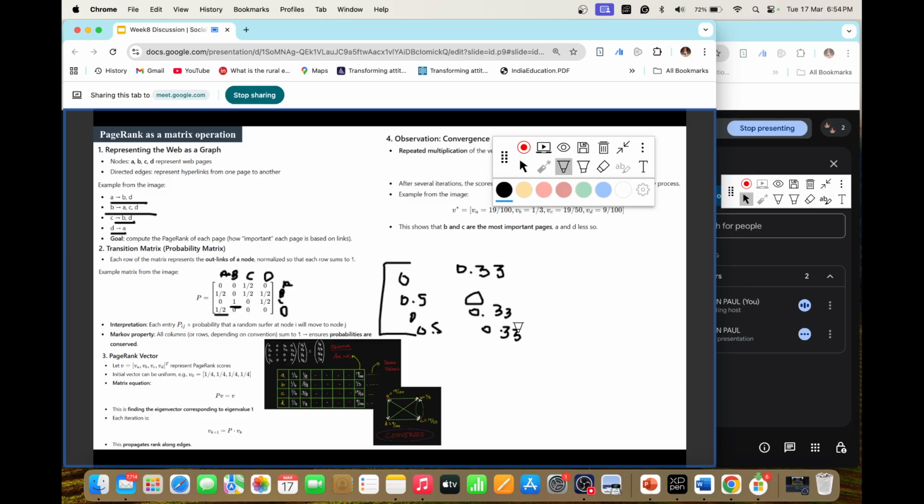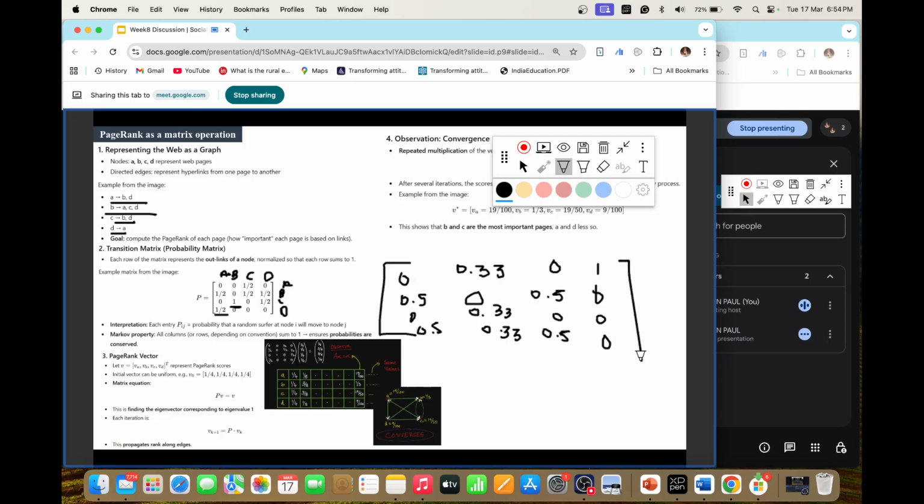Okay, and then C to B and D, that means 0.5 and 0.5. So 0.5 here, 0.5 here. Okay, and 0 here and 0 here, and at last D to A. D to A means D will give 1 here and 0, 0 and 0.